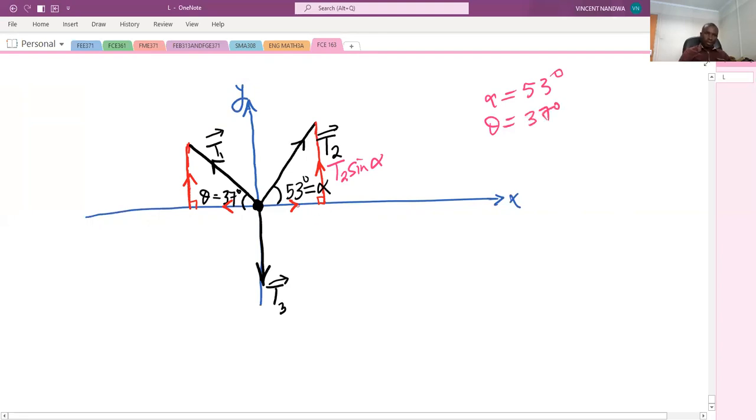And then this one will be T2 cosine of alpha. This one will be T1 cosine of theta, and this will be T1 sine of theta.